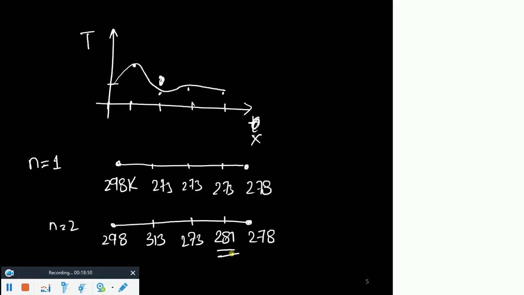I am just talking about the validity of your value. Just check the number. Is it physically correct? Can you understand my point? Why am I putting some doubts on your calculation? Can this temperature go from 273 to 281 when the surrounding temperatures are 278 and 273? Heat should flow from this side to this side. That's how you analyze your numbers.